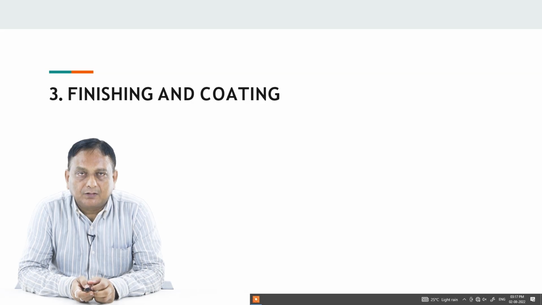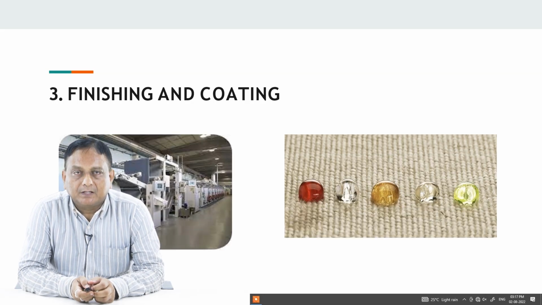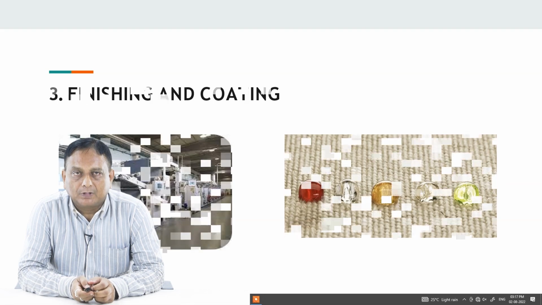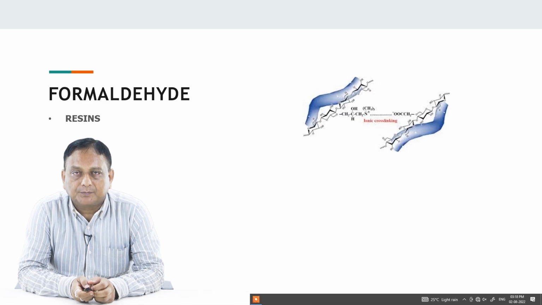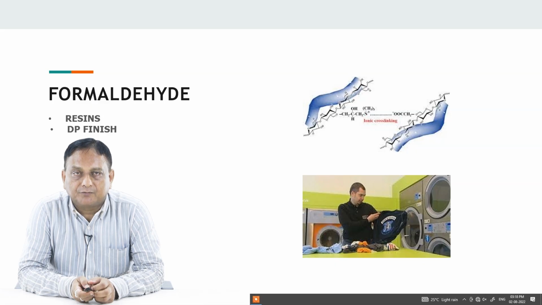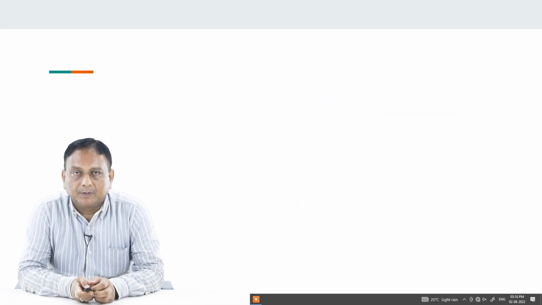Now, when we talk about finishing and coating, these kinds of MRSL chemicals are available there also. So we have to handle this MRSL situation very carefully. Formaldehyde is used as a resin, and in durable press finishing, in wrinkle-free garments, formaldehyde is used. So they are all potential sources of MRSL substances in a factory, and they have to be carefully controlled.